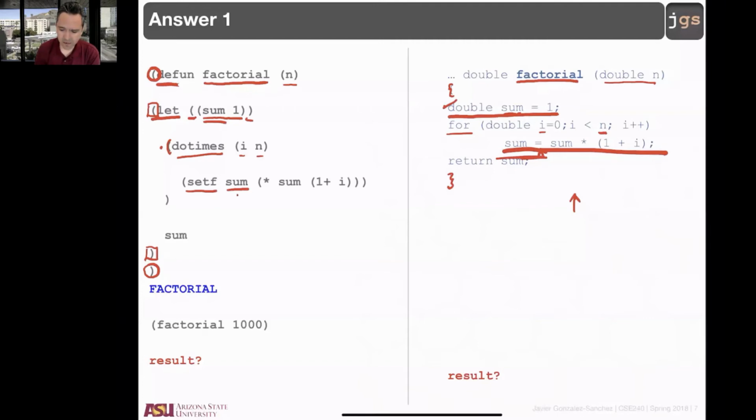What is going to be the value for sum? All of this. And hopefully you can agree that what I have there is sum multiplication by 1 plus I. 1 plus I literally is I plus plus or I plus 1, and it's the same, 1 plus I. The only thing is, remember, this is the name for the function, 1+.